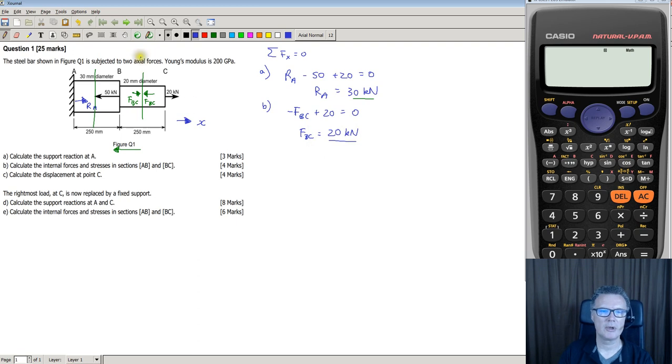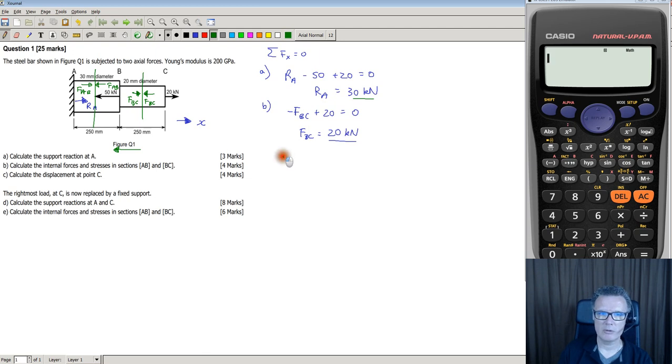Okay, now let's do the same thing here, where our internal force will be FAB. And notice that my FBC's are cancelling out, or I don't have a cut. You can use either argument, valid.